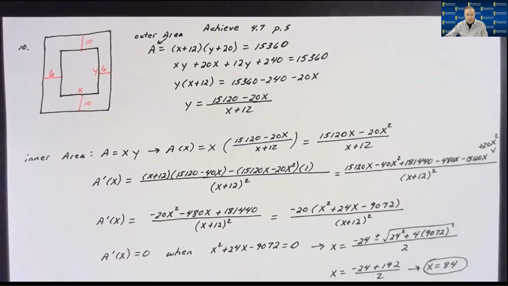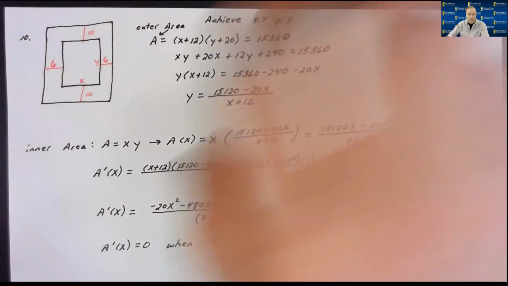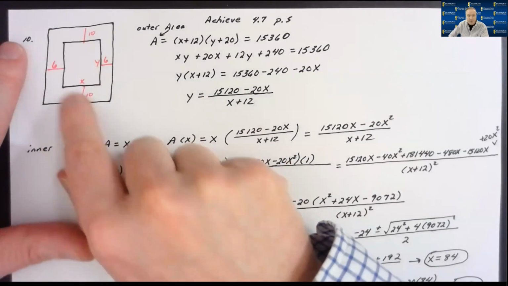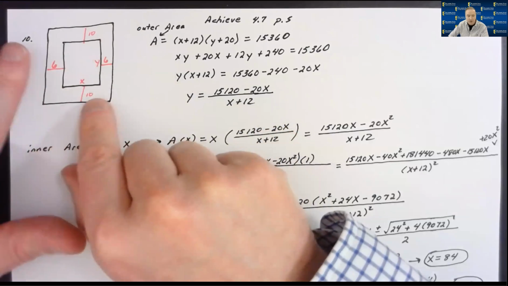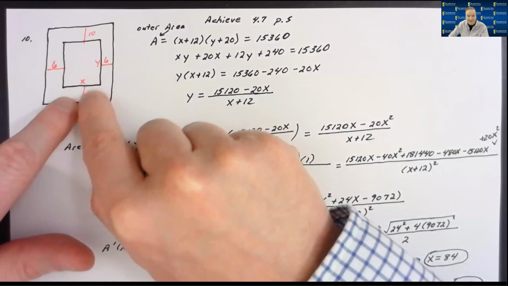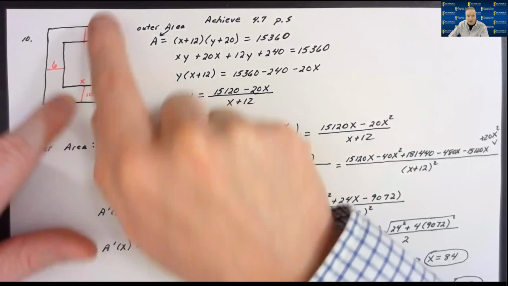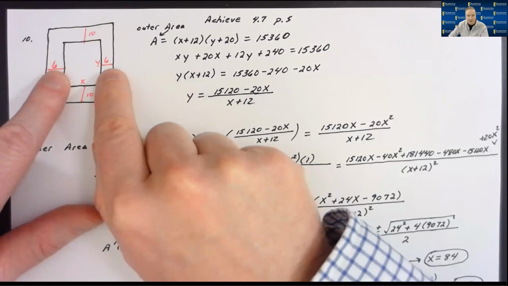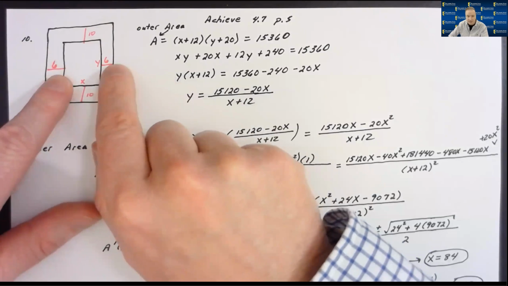So here's what I drew out. The poster that they're referring to, I tried to draw out, and I showed it has a 10-centimeter margin on top and bottom, and a 6-centimeter margin on each side.